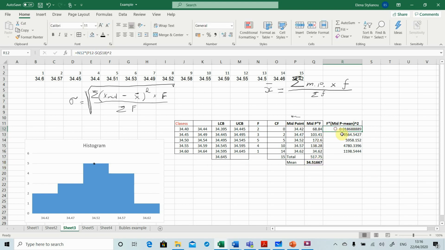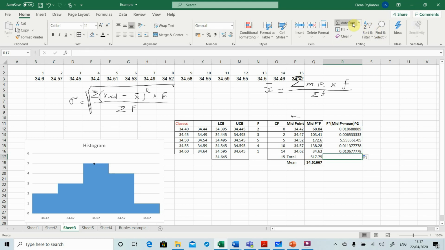Right, and now if I drag it, we will copy the data. So for example, the midpoint for the next class will be copied from here, but we still stick with the mean value in the Q18 cell.